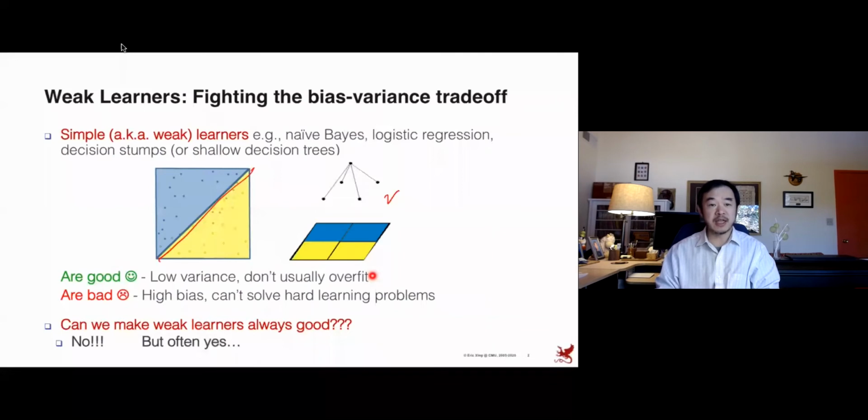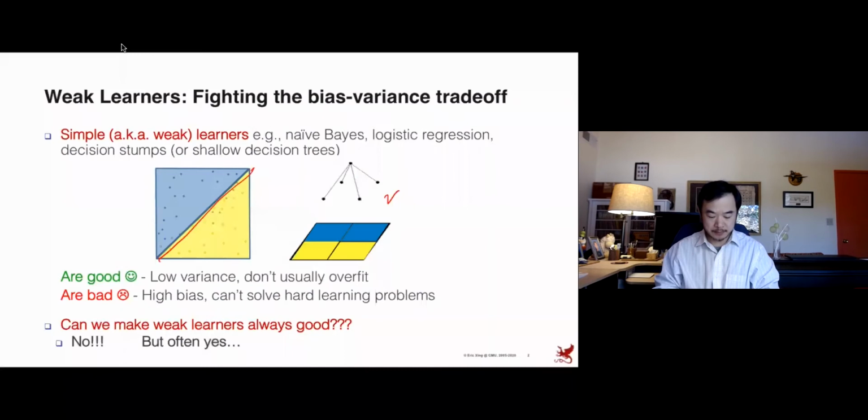Therefore, when you change the data, they don't change much. That's called low variance. But of course, on the flip side, they are also highly biased because they basically cannot really solve a very hard problem.